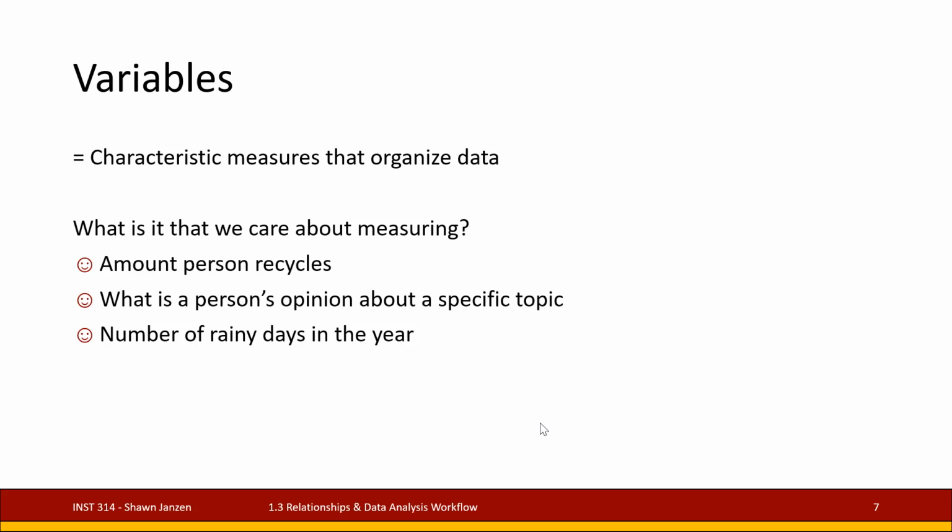When we're talking about recycling, how much does somebody recycle? Some, quite a bit, not at all. If we're talking about someone's opinion about using a beach permit, the thing that we're measuring is an opinion about that specific topic. You could be for it, against it, maybe you don't care at all. And if we're talking about something more numerically driven, we could talk about the number of rainy days in the year. In that case, we would just be getting a count. How many rainy days did we have?